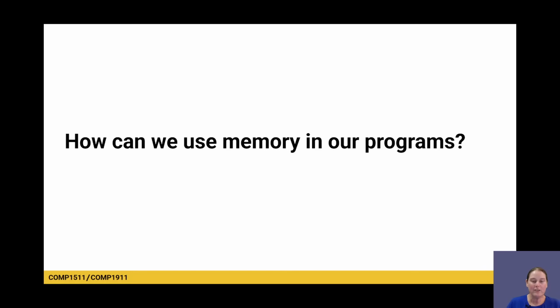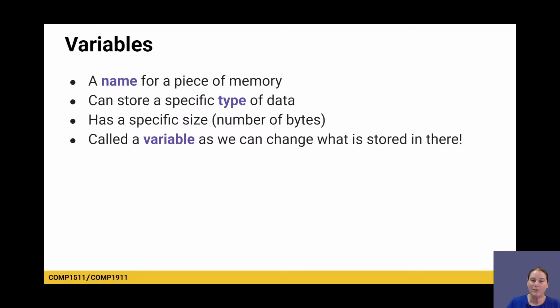So when we're actually using memory in our programs, we're going to do it by creating variables. When we create a variable, we need to give it a name, and we're asking for a chunk of memory, and we're giving a name for that piece of memory. So anytime in our program we use that name, it's referring to that piece of memory. Our variables have to store a specific type of data.